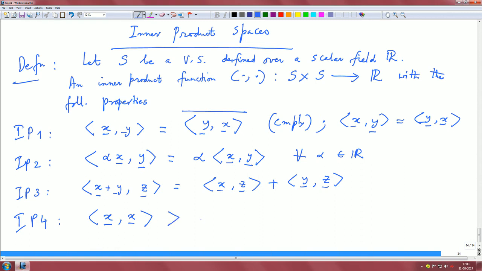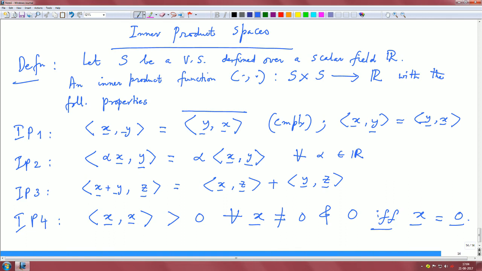That is greater than 0 for all x not equal to 0, and equal to 0 only if x is the null vector, right. If all these conditions are satisfied, then this is an inner product function.